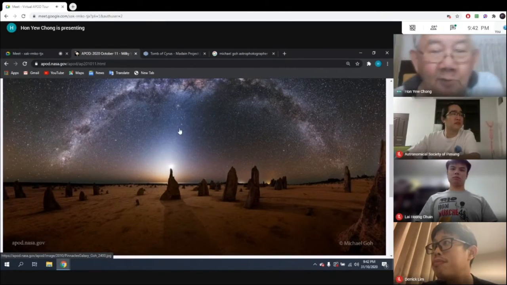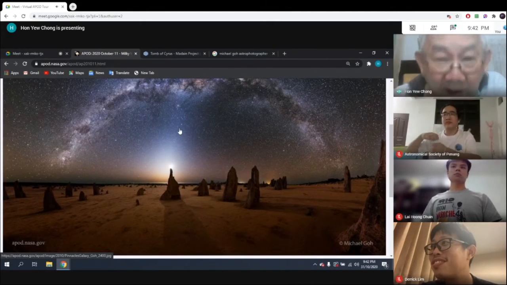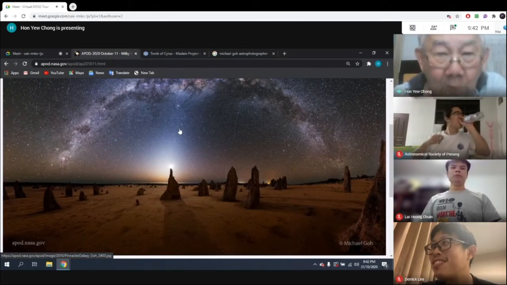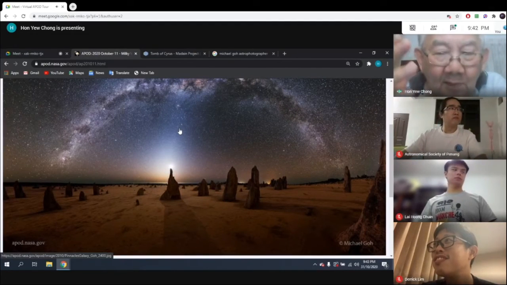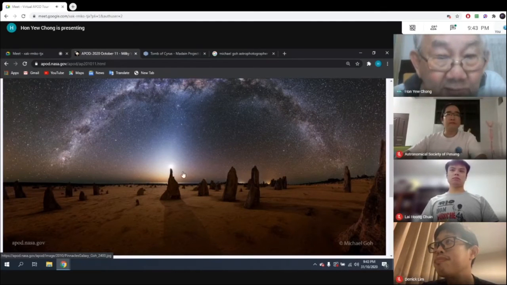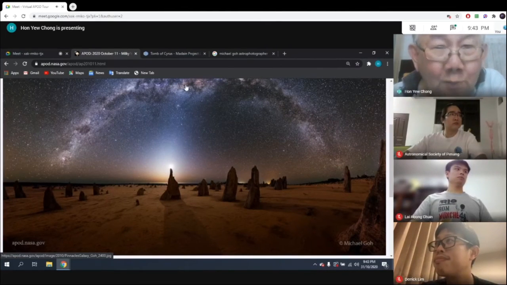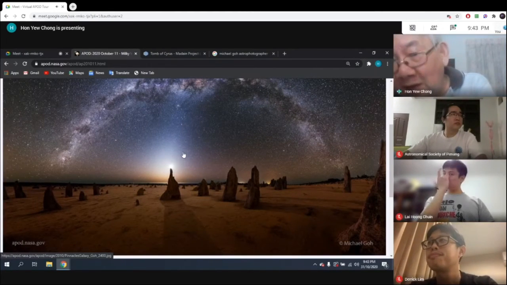Zodiacal Light is, remember when the solar nebula collapsed to form the sun and the planets and the asteroids and the comets and so on. There is some dust that failed to form a planet, failed to form a comet, failed to form an asteroid. So it collects in the orbital plane of the planets. So this is the dust that is orbiting the sun, from the sun to Mercury, Mercury to Mars, right until Pluto. And imagine you are an alien far away from the sun, coming close.